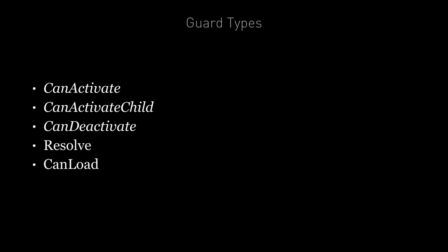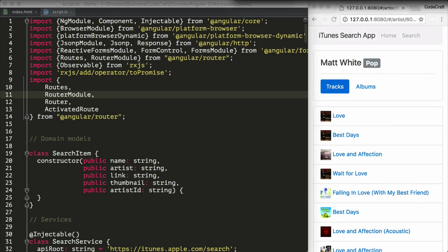Now we're only going to go through the first 3 in this lecture. The last 2, the resolve and can load, are very advanced use cases, and they need lazy loading modules, which we haven't covered yet. But the overall concept is pretty much the same. So the first one we're going to implement is a can activate guard.